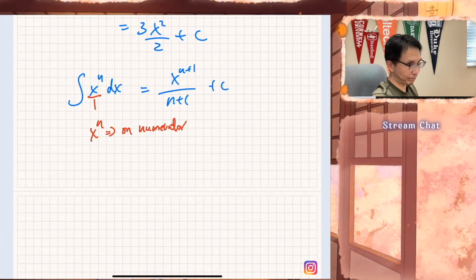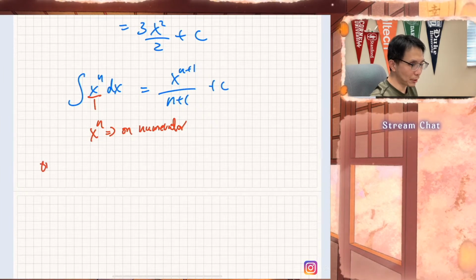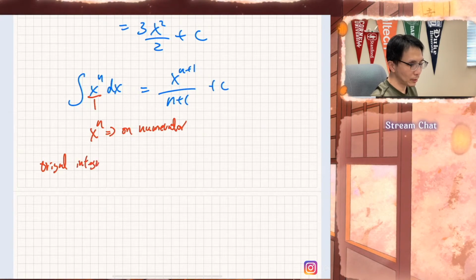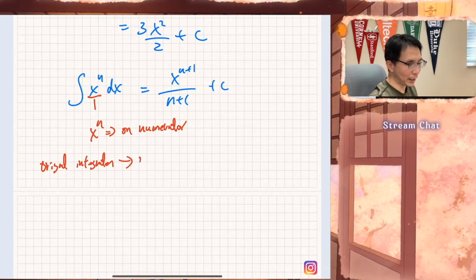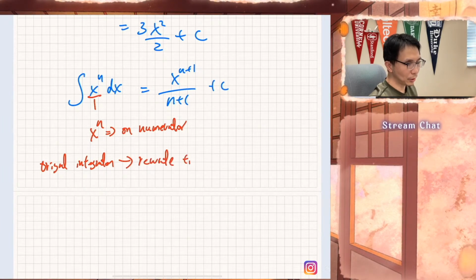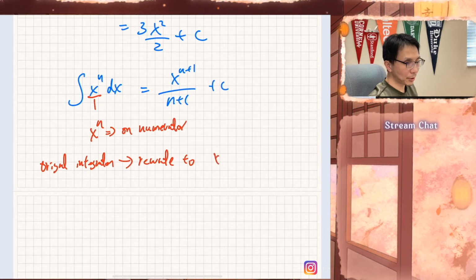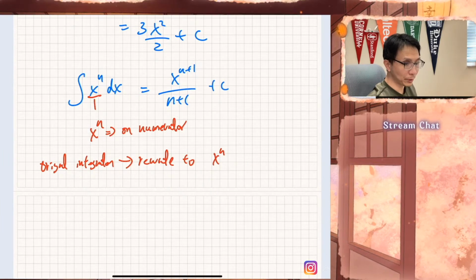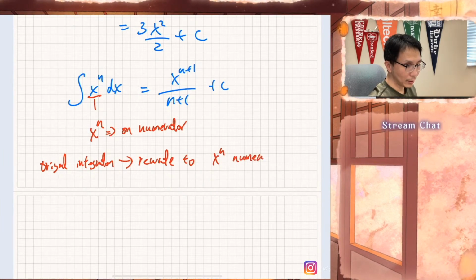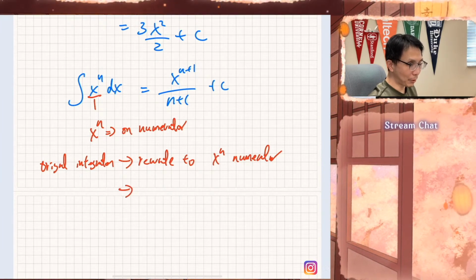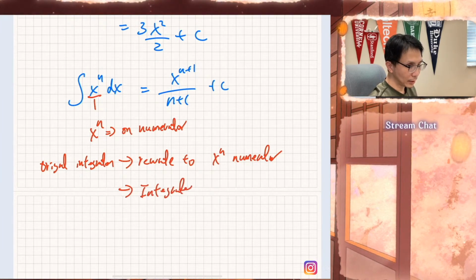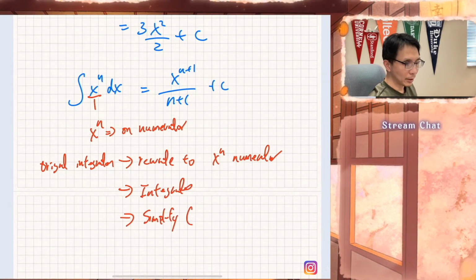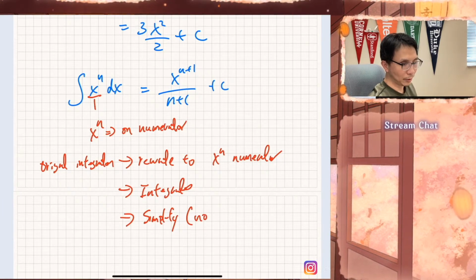It means I will tell students to go with the original integration and always rewrite it with x to the n on the numerator. If it's already on the numerator, you don't have to rewrite it. After that, I would integrate. And after that, I will simplify. What do I simplify? Simplify means, as in algebra 1, no negative exponents. No negative exponents.